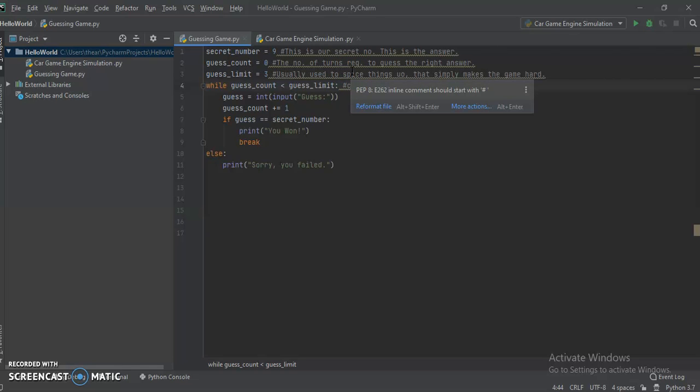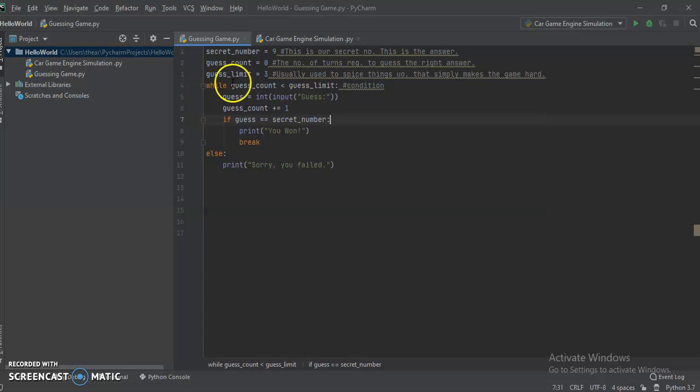And now because this while condition has been satisfied, because you have not answered even once right now, right? But it might not be the case for the entire game, right?